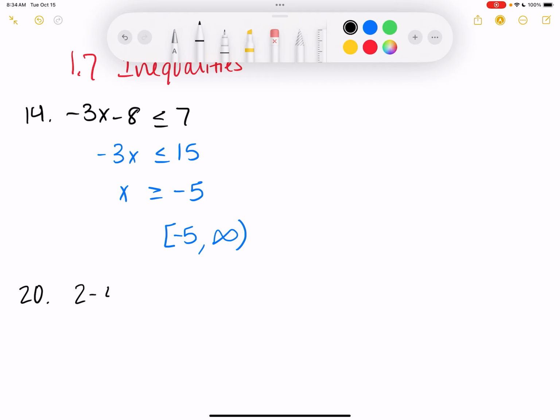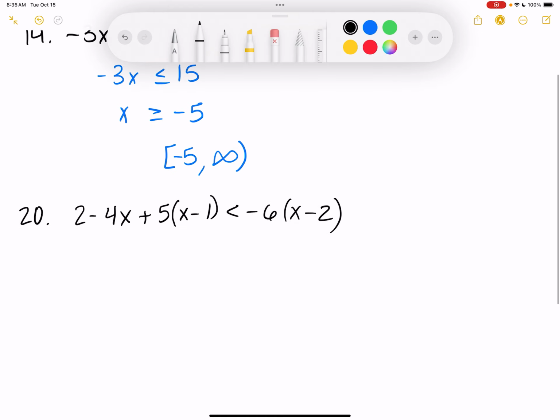Number 20: 2 minus 4x plus 5 times x minus 1 is less than negative 6 times x minus 2. I'm going to distribute and then combine like terms wherever I can, and then I'll start moving stuff around.